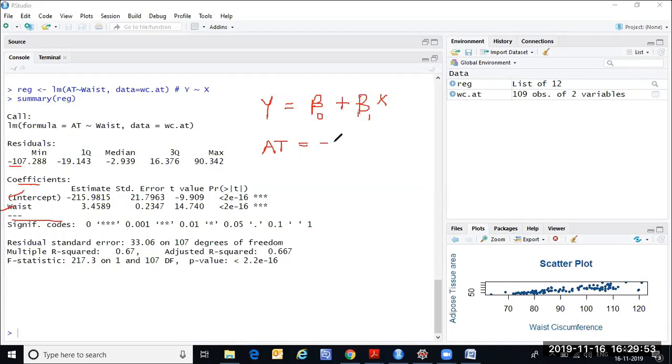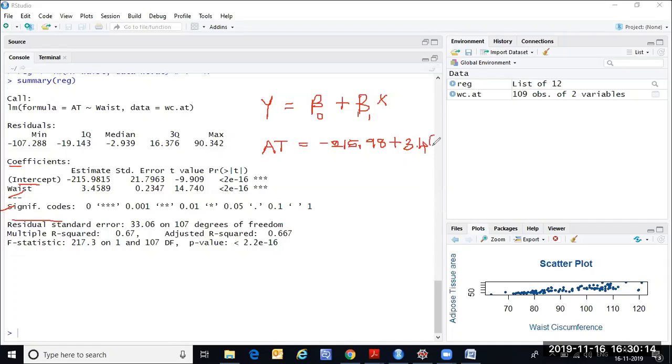So this is nothing but minus 215.98 plus 3.46 into x.